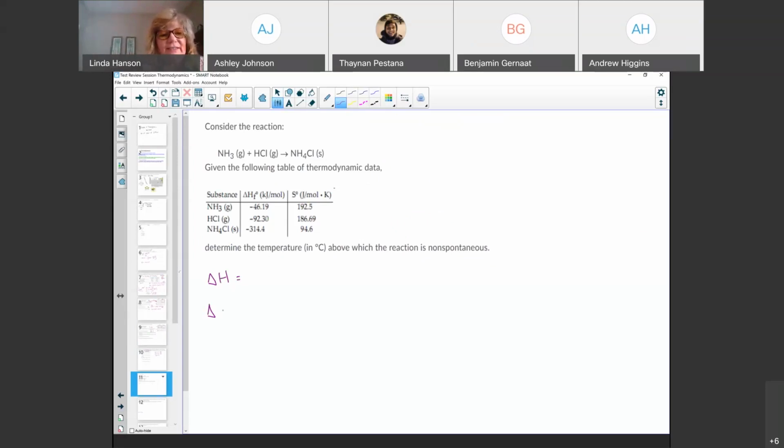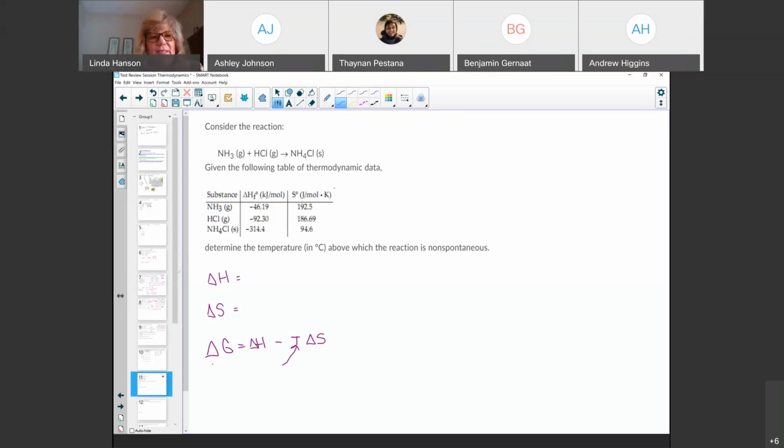We'll have to find delta S using products minus reactants. And then once we have those, we'll plug in to this equation, solving for temperature. And what that temperature is equilibrium. So when I solve for the temperature, I'm going to put 0 in.